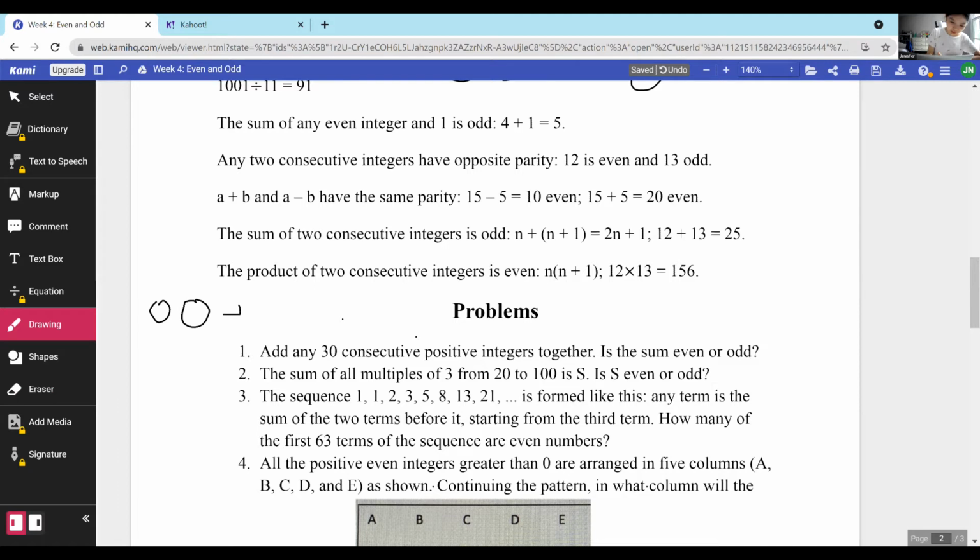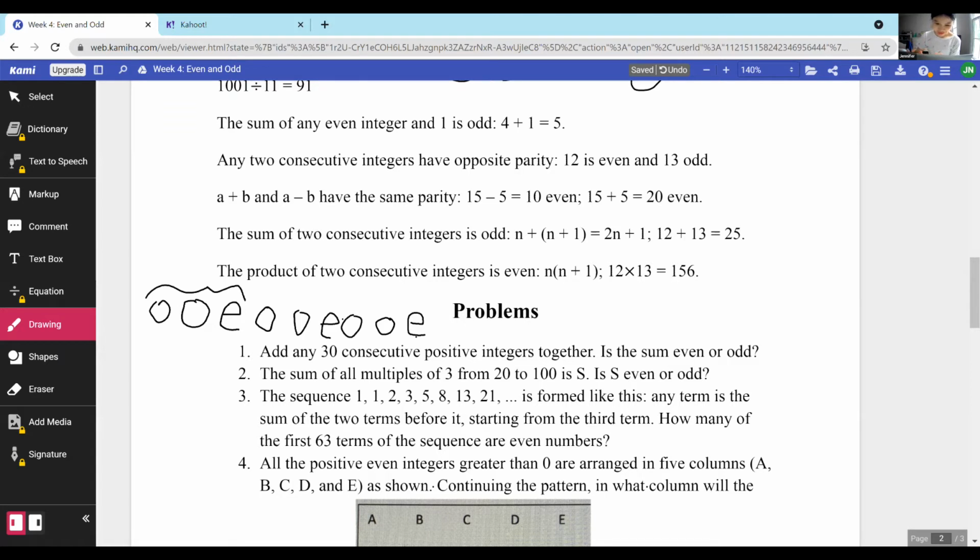Next would be even, and then next would be odd plus even, just odd, and then odd, odd, even, and then list them until you realize a pattern. In this case, you see it'll always be odd, odd, even, repeated.